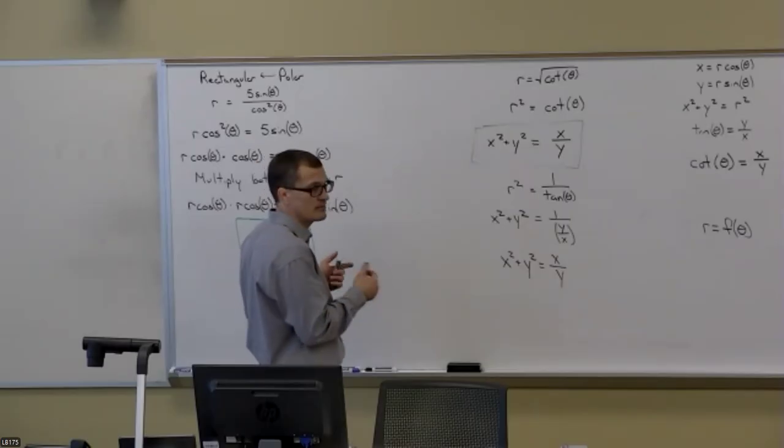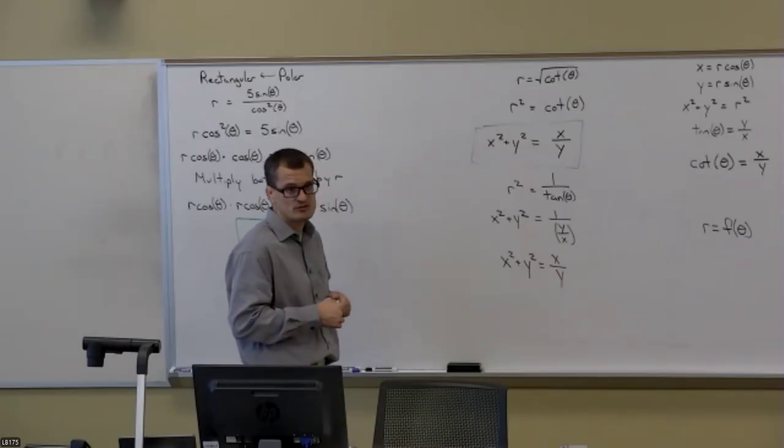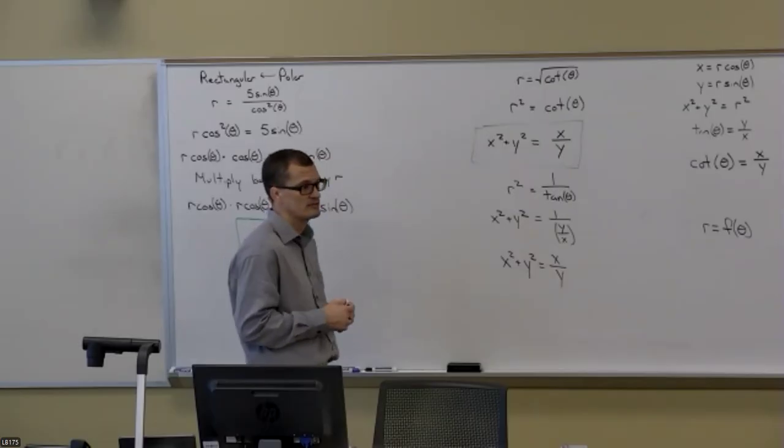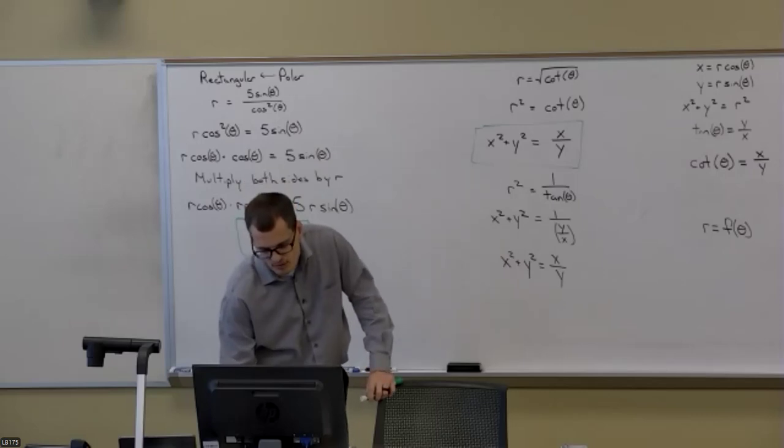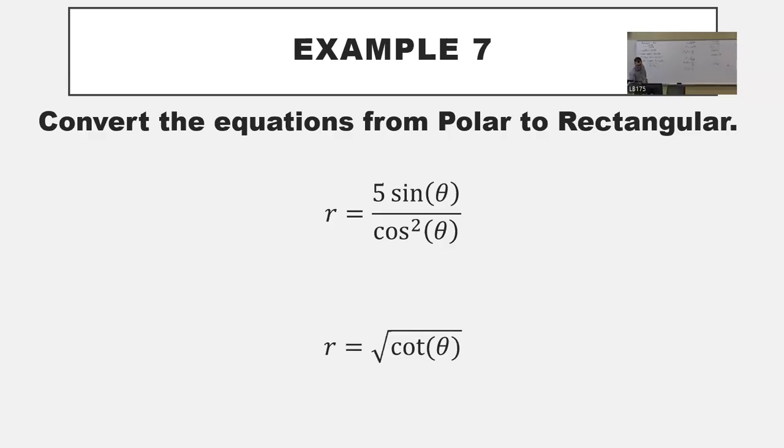When you go from polar to rectangular, you can get extremely messy or nearly impossible. Some are essentially impossible. So it's nice to have both because some equations exist nicely in polar, don't exist nicely in rectangular, and vice versa. Some equations just simply don't exist at all.